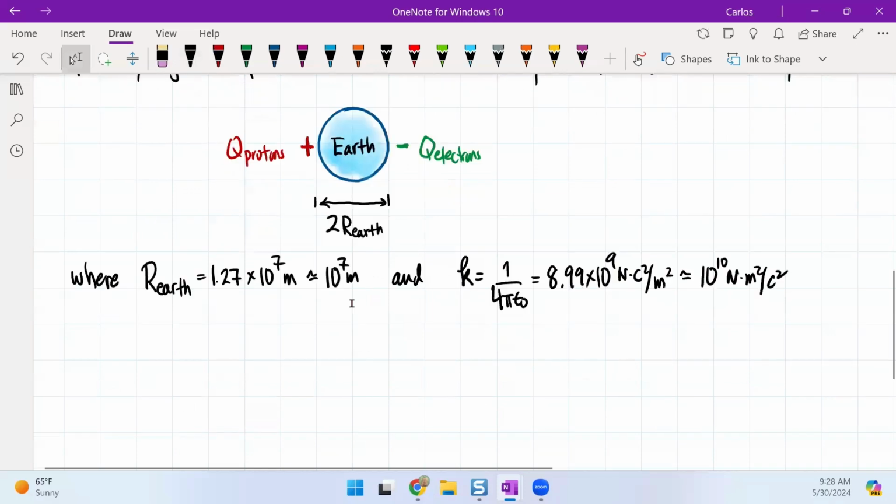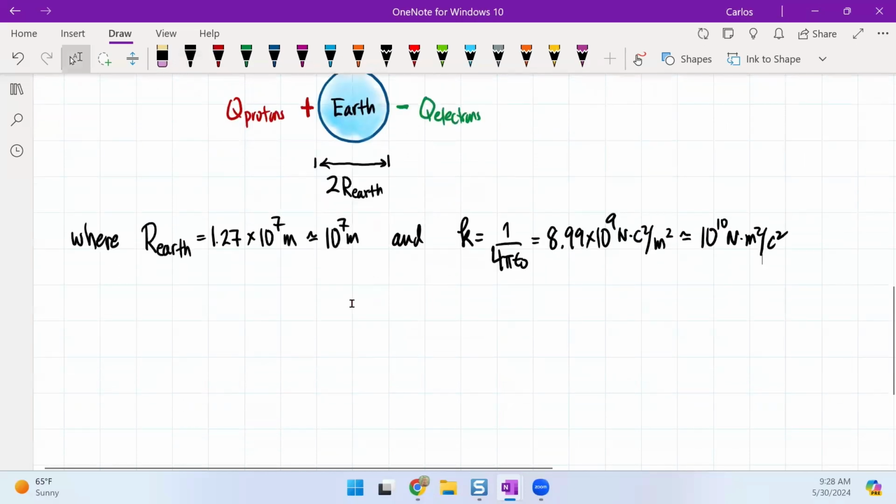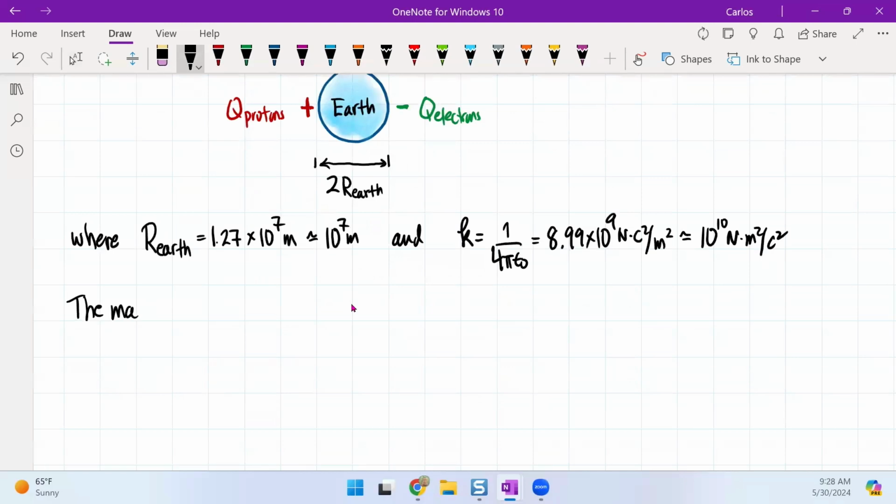So now I can calculate the magnitude of this attractive force. We already know the direction, they're moving towards each other.